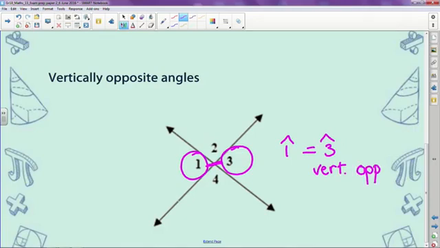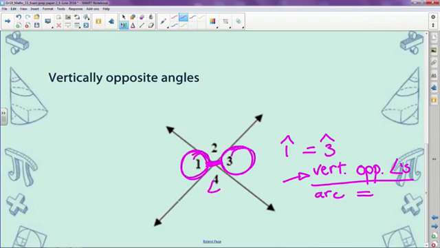Once again, pay attention to the lack of words I'm writing down. Maths is not about writing paragraphs. It's just about explaining yourself in the shortest possible way. So vertically opposite angles are equal is a perfect way to write down why 1 and 3 are equal to each other.